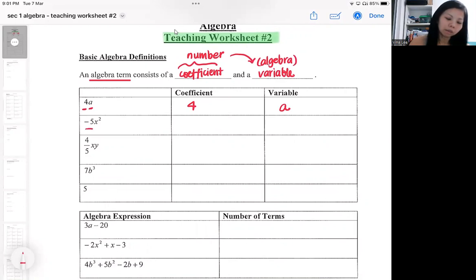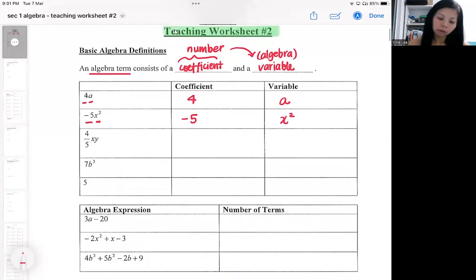So in this one, minus 5x squared. So the coefficient part will be the number, minus 5. The variable will be x squared. Okay, the other term here, 4/5 xy. 4/5 will be the coefficient. xy will be the variable.